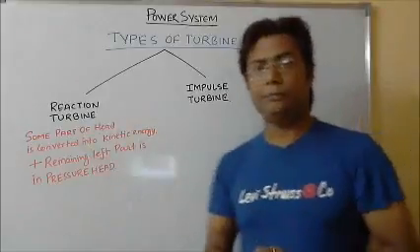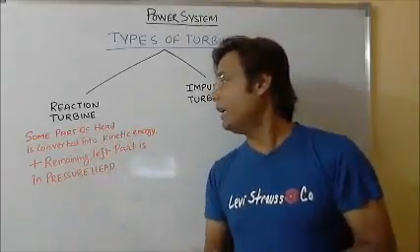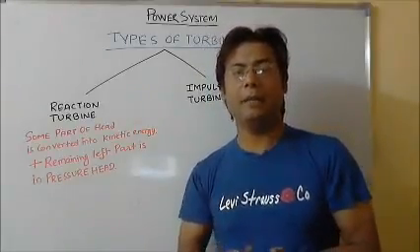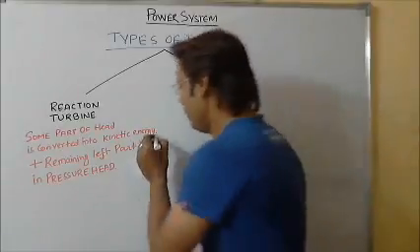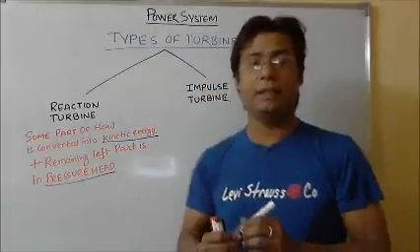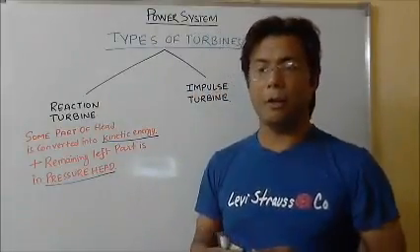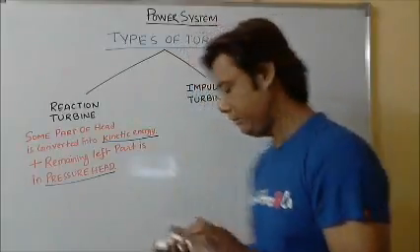So, what is a reaction turbine? It is one in which some part of the head is converted into kinetic energy and the remaining part is in the pressure head. So the important thing is kinetic energy plus the pressure head in the reaction turbine. Whereas in the impulse type of turbine, all the available head is getting converted into kinetic energy.